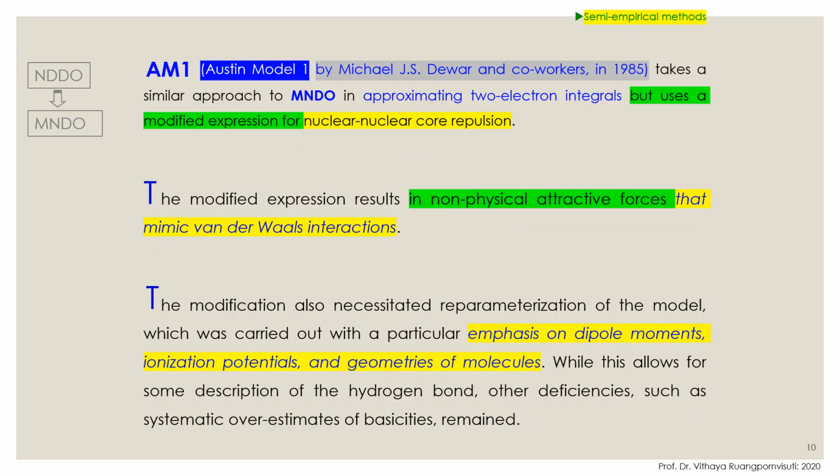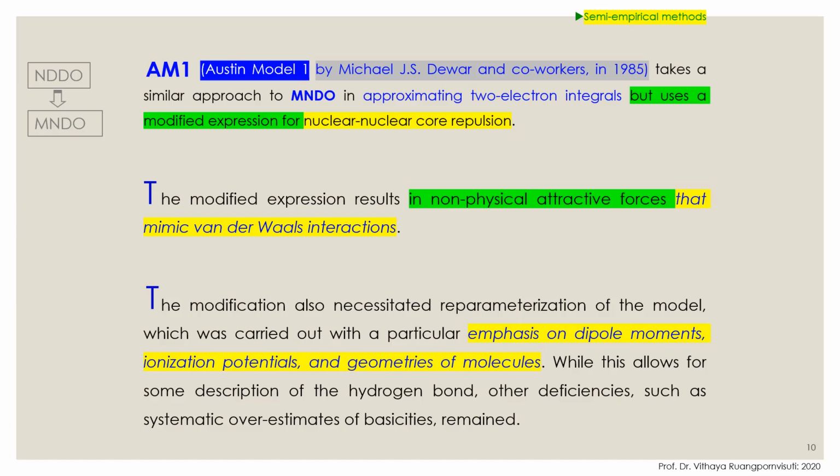AM1 method. AM1 stands for Austin Model number 1. It was found by Michael Dewar and co-workers in the year 1985.